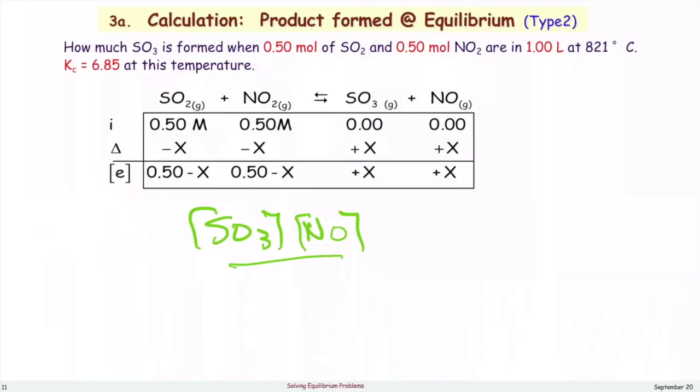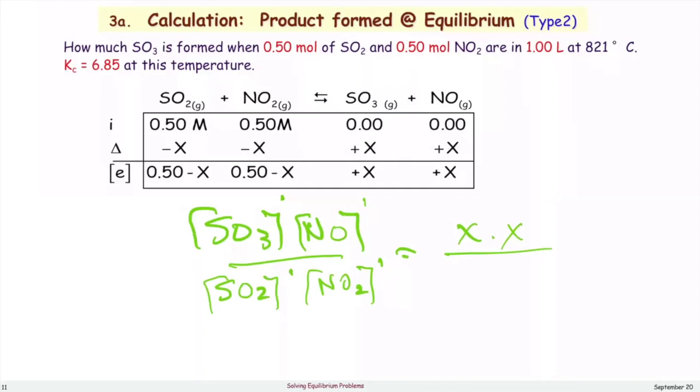And again, these are to the first power because the coefficient is 1, SO2, NO2 to the first power. But then we can substitute these, X times X over 0.50 minus X, 0.50 minus X. And that's equal to, in this particular case, Kc, which is Kp because delta n is 1.